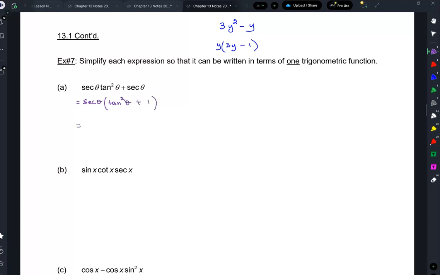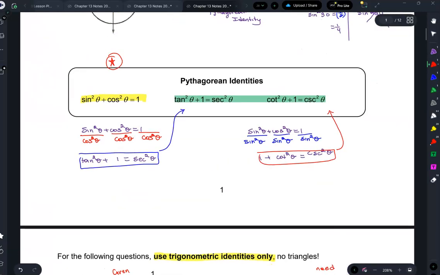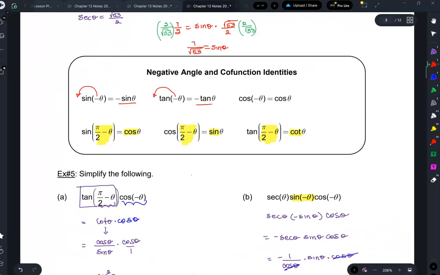So, secant, what's secant? 1 over cosine. Okay, but what about here? Now I have trig function squared plus or minus 1. Let's go to the identities. Oh my God, that exists as it is. The whole thing is just equal to secant squared theta.